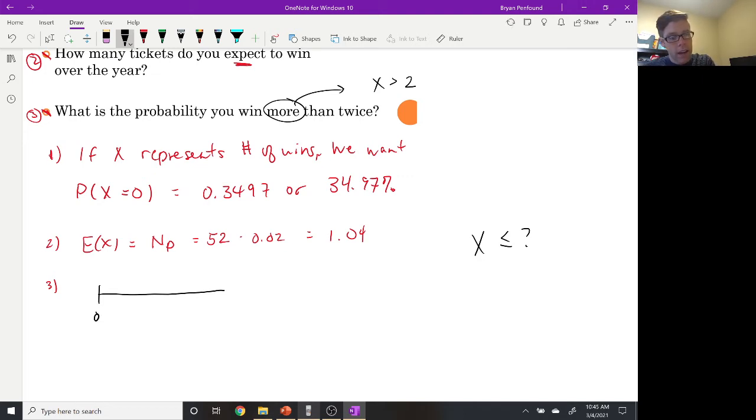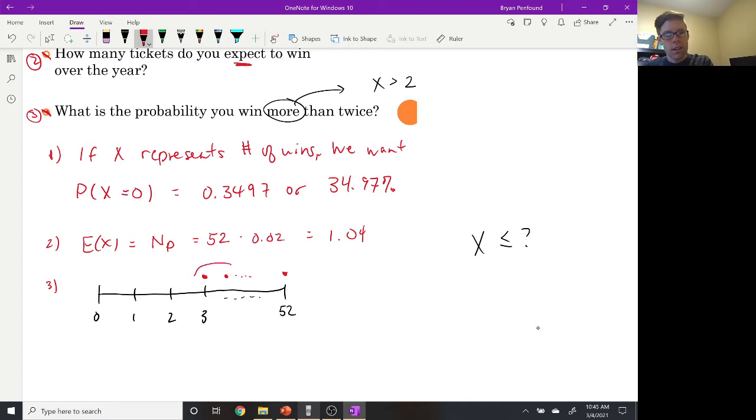So looking at a visualization, I'm just going to maybe do up to 3, and then I could win, of course, all the way up to 52 times if I'm extremely lucky. And so we're curious about winning more than twice. So this would be success, right? Winning 3 times would be more than twice, 4 times, etc., all the way up to 52.